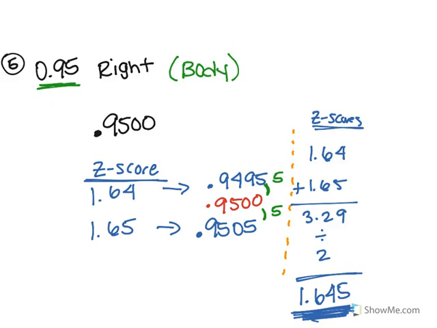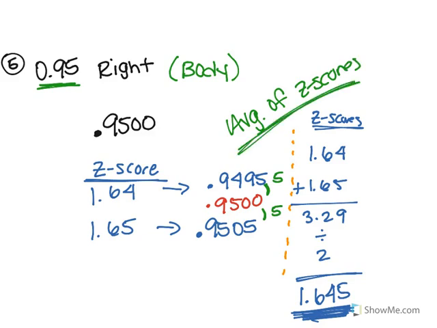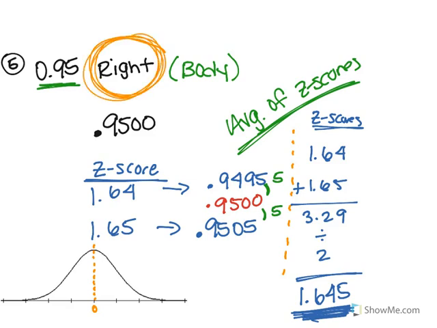Okay. So what you're going to do is you're going to find the average of your z-scores. Okay, that's what I ended up doing. Now, all right, so now let's determine, do we have a negative z-score or a positive z-score? Well, this time I need 95% shaded towards the right side, okay? So if I'm going to the right, that means almost all of this bell is shaded towards the right side.